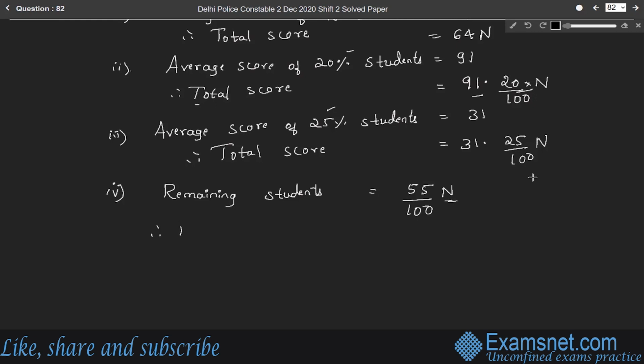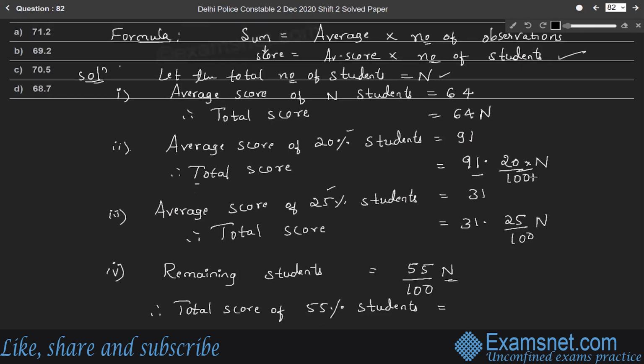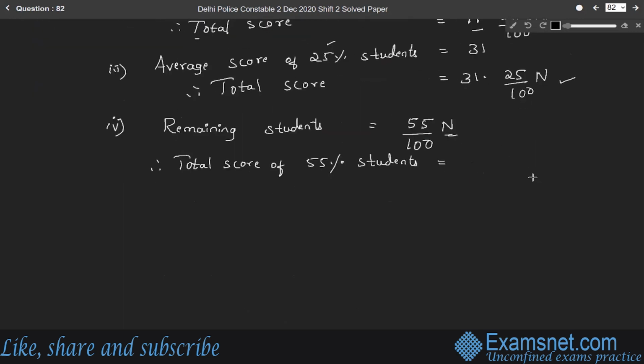Therefore, the total score of 55% students, the remaining students, is equal to, what is the total score here? The total score of n students is 64n, minus the total score of 20% students, minus the total score of 25% students, gives the total score of 55% students.